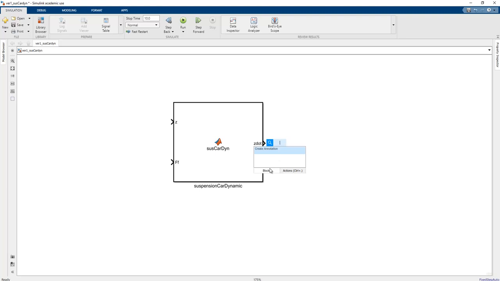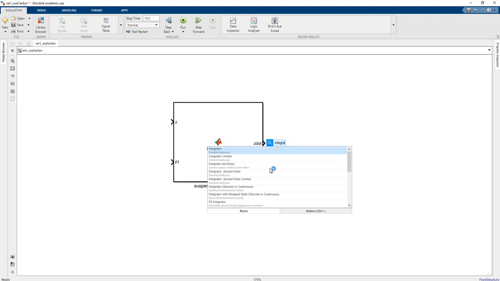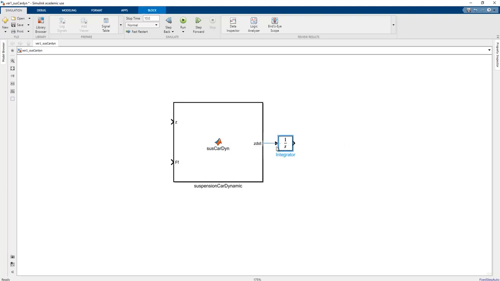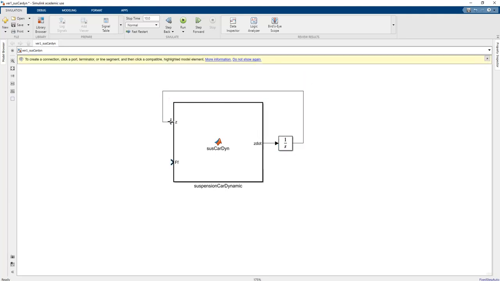Okay, and so the integrator can be added in here in order to collect, or sum, this z dot value and convert it to z value. Okay, because in our application the iteration is going through the 10 seconds.